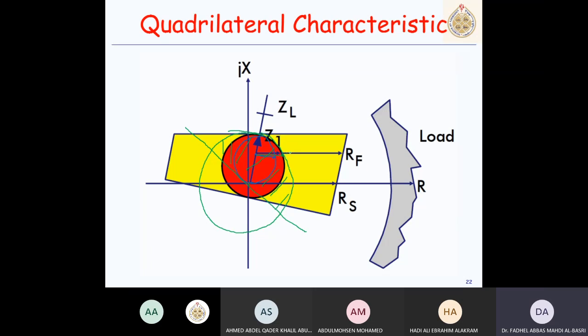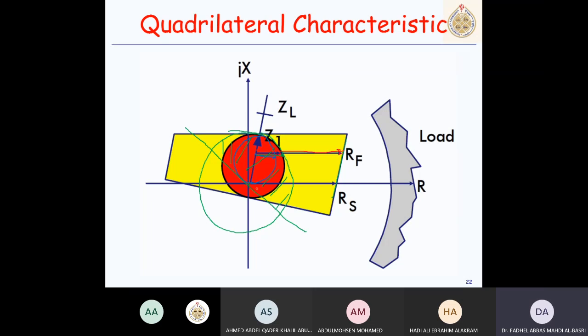Now, the advantage with the polygon type, I can increase the resistance coverage. I can increase this line up to here so that I can detect more fault resistance. So I can go up to this point.